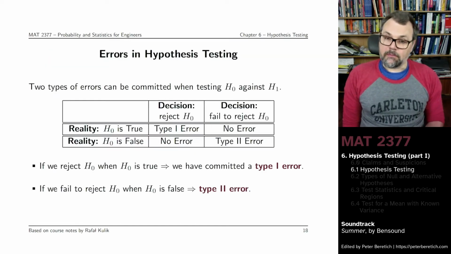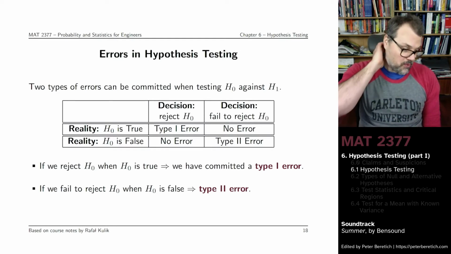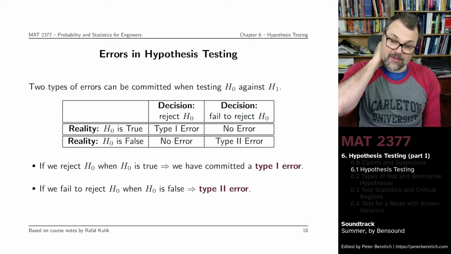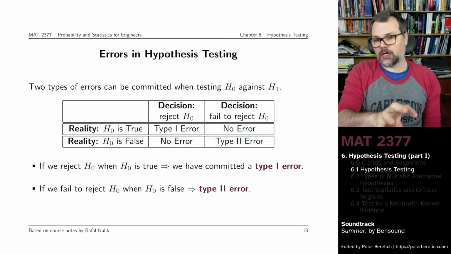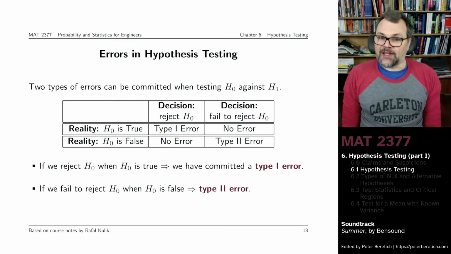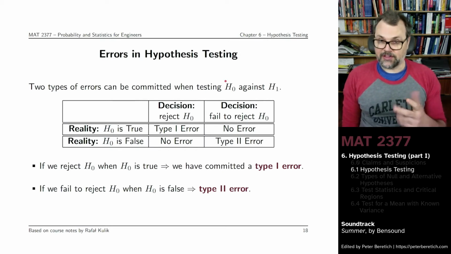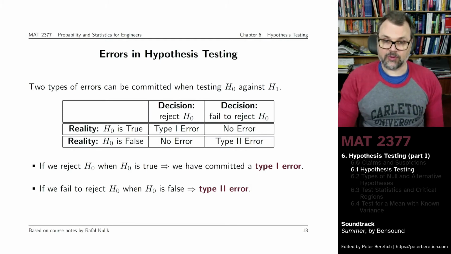One of the major components of hypothesis testing is the idea that we have some way of measuring the types of errors that can be committed when you test for your null hypothesis against the alternative. It could be that on the basis of the evidence you reject the null hypothesis, or that you fail to reject the null hypothesis. These are the only two options that are available to you here.